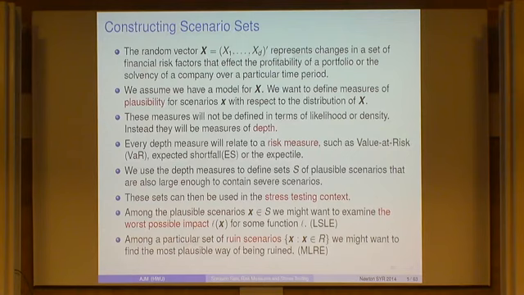And then I'll use the depth measure to define scenario sets. So let's call a scenario set S. That's my set of plausible scenarios. I want to create a scenario set that is big enough that it contains some scenarios that are also severe. And then I want to use them in the stress testing context.